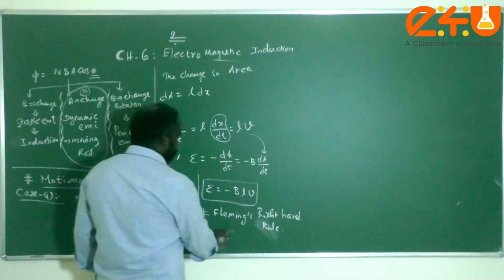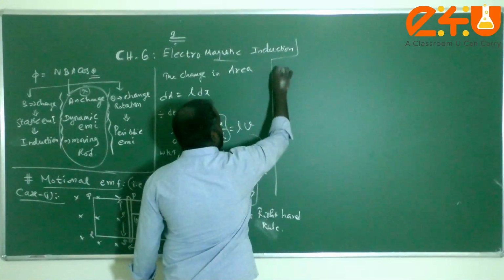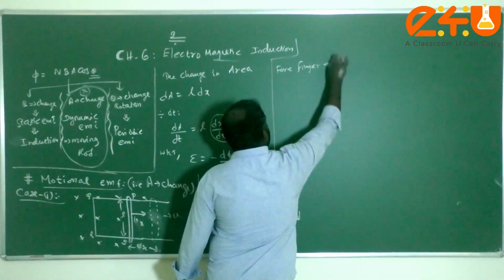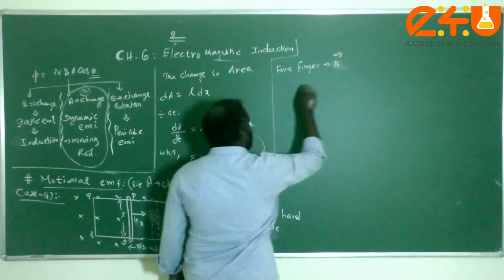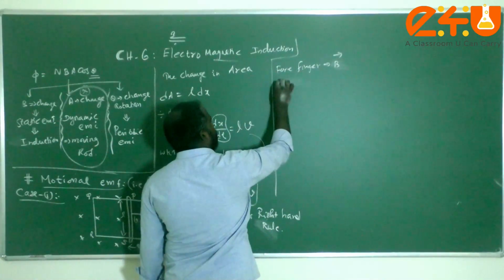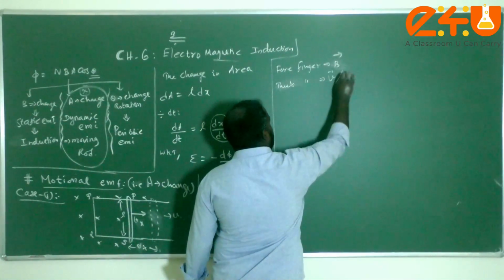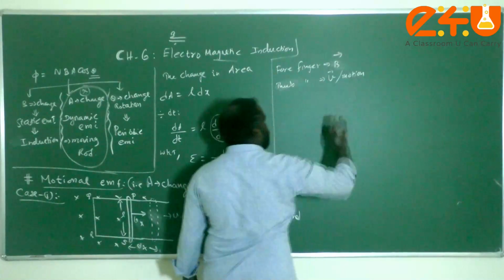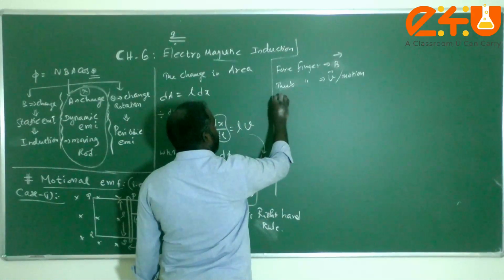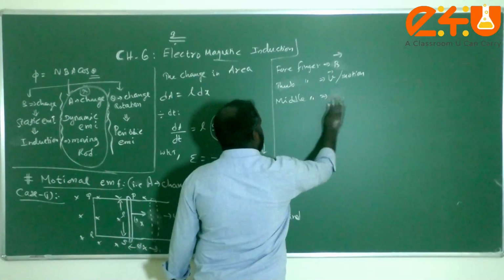So what does Fleming's right hand rule say? The forefinger is the magnetic field direction, the thumb is either the velocity direction or the direction of motion of the conductor, and the middle finger represents the direction of the induced current.